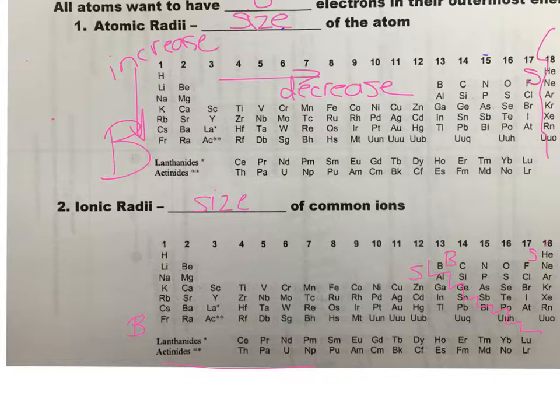So it still follows the same trend. You're going to decrease across to that metalloids line. You're going to increase going down. So your group one, no matter what, kind of works out, but the period one stops at the metalloids line and starts over. So remember, carbon is huge. That's the biggest one on here.